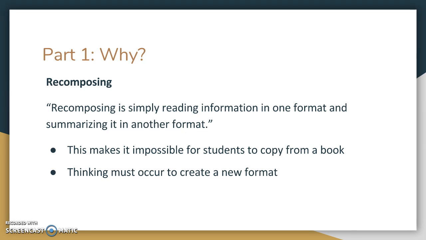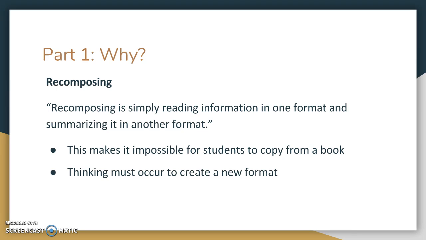So essentially, when kids recompose something, it makes it kind of impossible for them to copy it straight from a book. They can still obviously write down word for word what's in that book, but typically if they're taking the text and creating some sort of visual, they're recomposing it into something that works for their mind. So thinking must occur to create this new format.